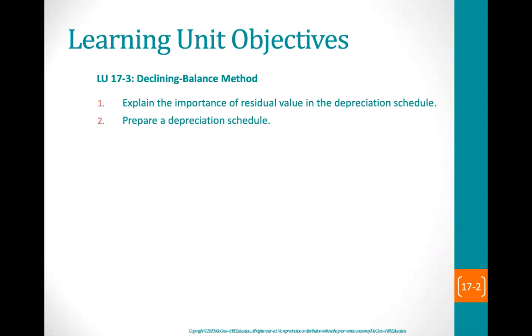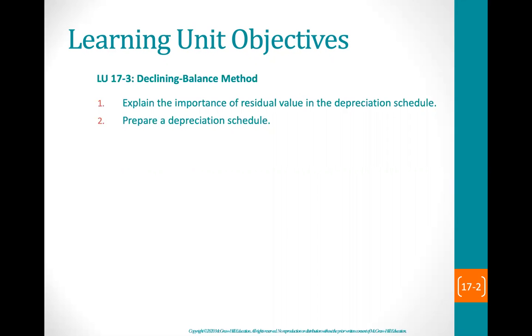The declining balance method is another type of accelerated depreciation that takes larger amounts of depreciation expense in the earliest years of the asset. If you remember, the straight line method estimates the useful life of the asset and distributes the exact same amount of depreciation over the useful life.